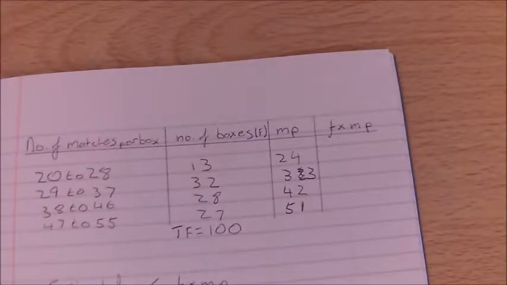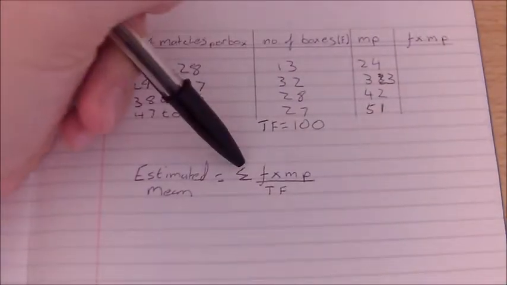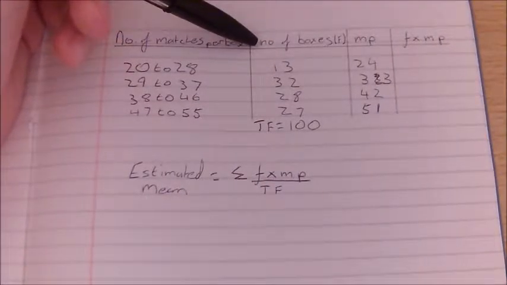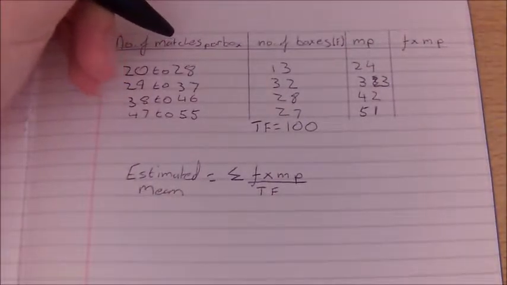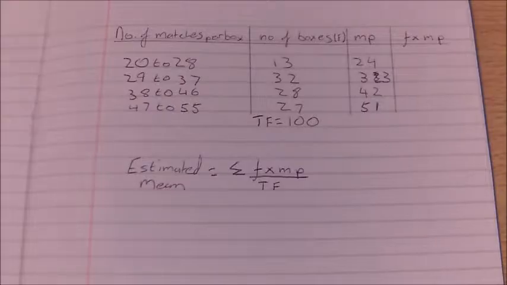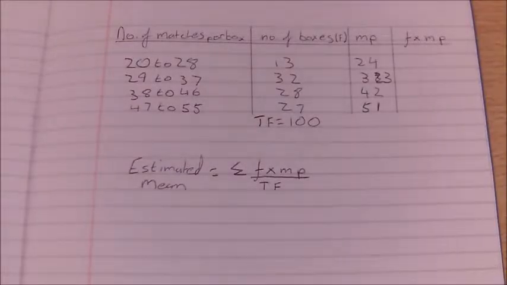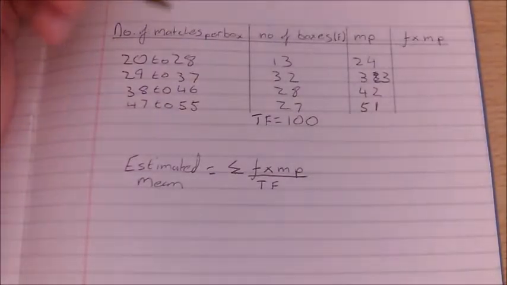Now we know an estimate for the mean is the sum of the frequency times the midpoint. The frequency here is the number of boxes, and the midpoint is of the number of matches per box. In question 3 it was rainfall in centimeters, and in question 2 it was weights of apples. But in this one it's matches per box.